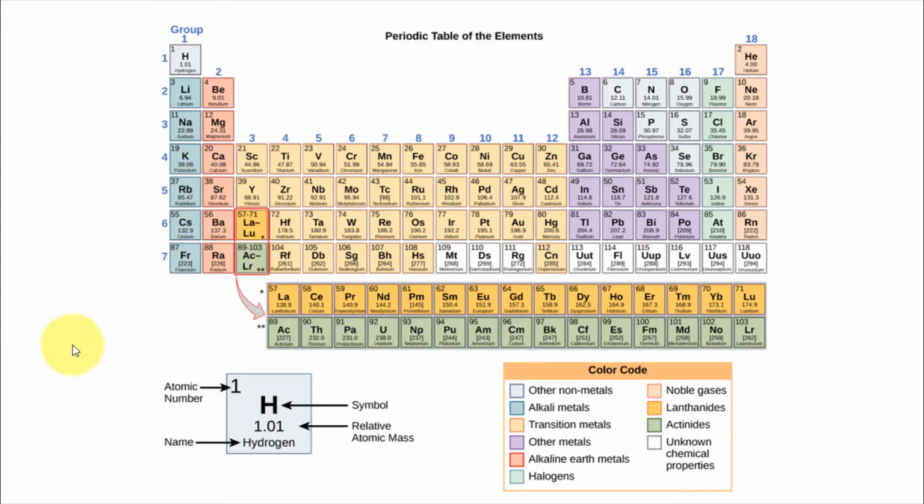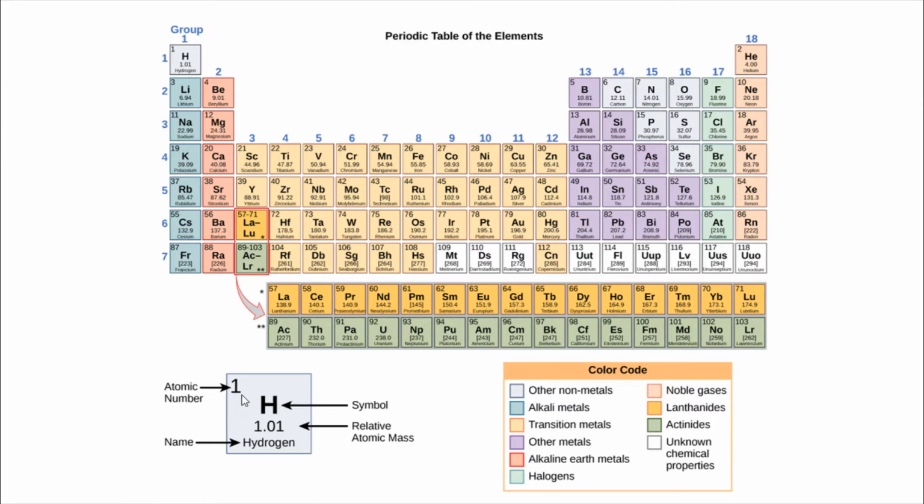If we look at the first element here, hydrogen, we have a few bits of information right here. The first one is the atomic number, right? The atomic number for hydrogen is right here. We have a number of 1. The symbol for hydrogen is H. The atomic number means how many protons are found in the nucleus of this atom.